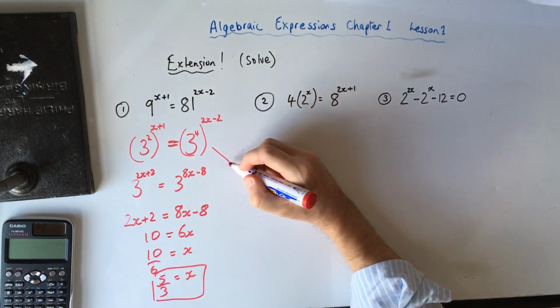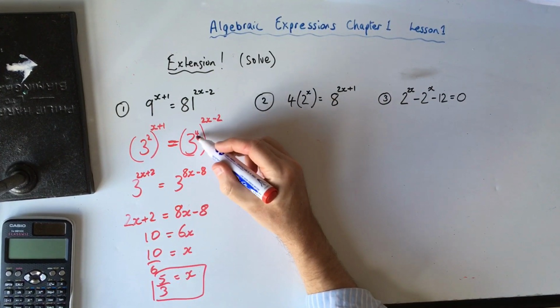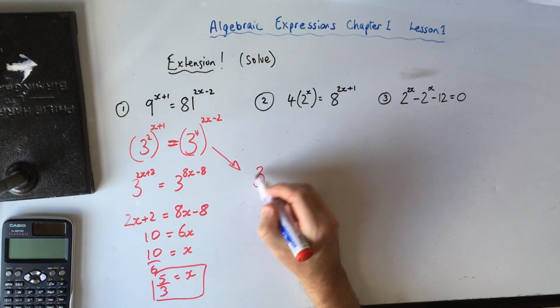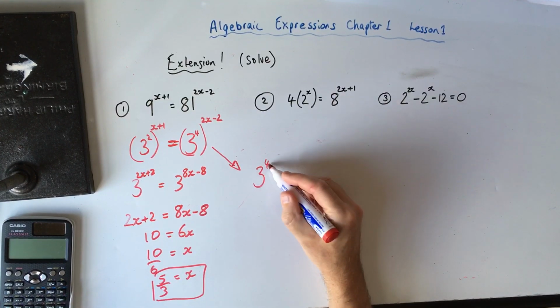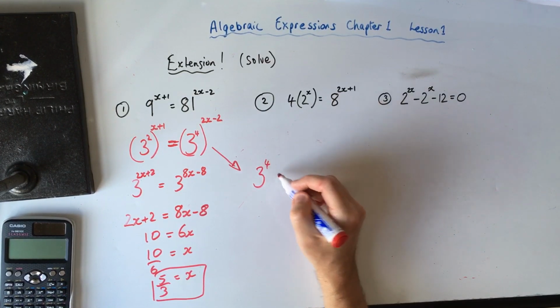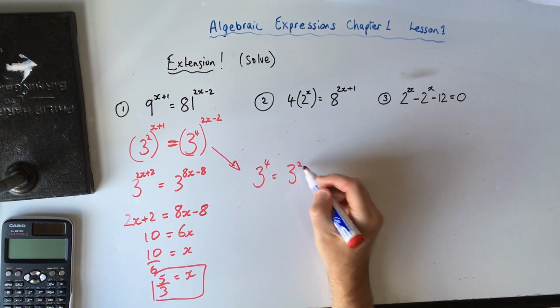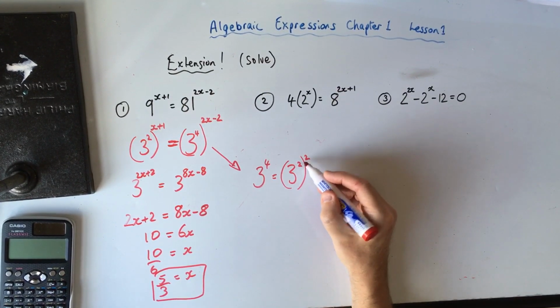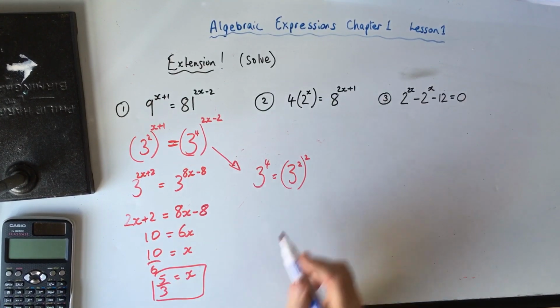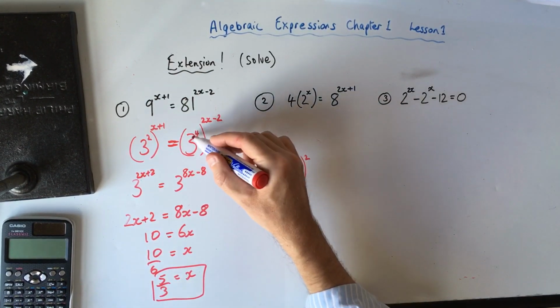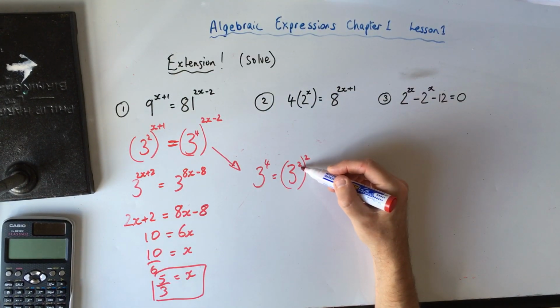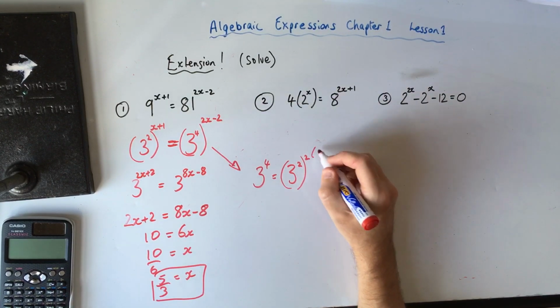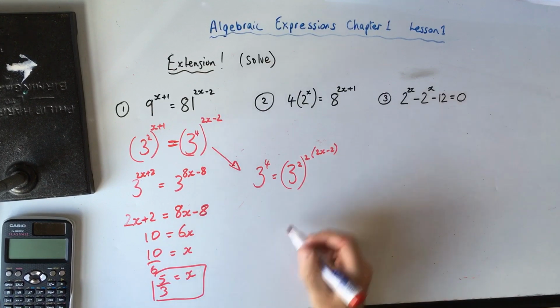Some of you might have spotted actually that here 3 to the power of 4 is equal to 3 squared, all squared, isn't it? 2 2's are 4, so that can be written like that, and so then it's all of that to the power of 2x minus 2.